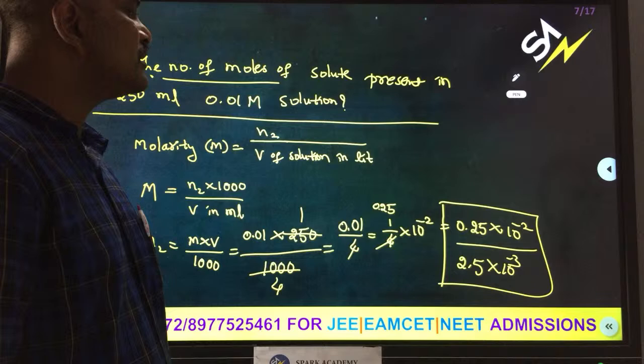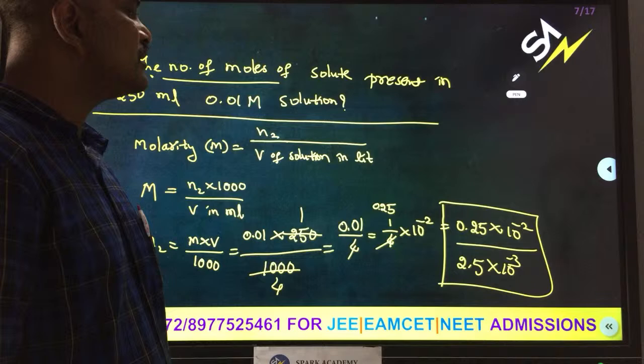Molarity equation, molality equation, mole fraction, ppm, and next the concentration equations: volume percentage, mass percentage, mass by volume percentage. Understood? These are formulas. Next Raoult's law, lowering of vapor pressure, elevation of boiling point and depression of freezing point.